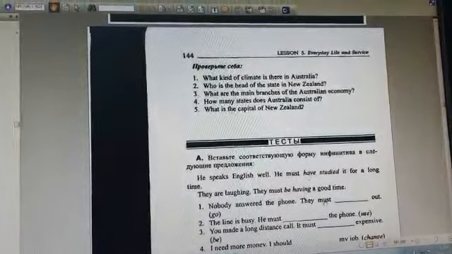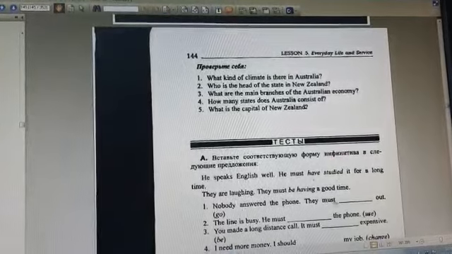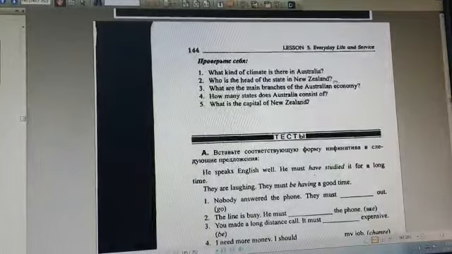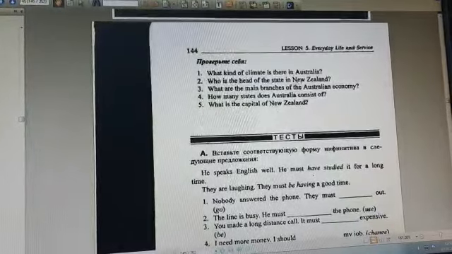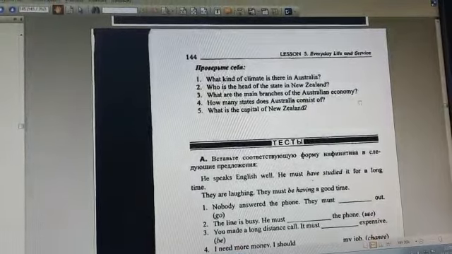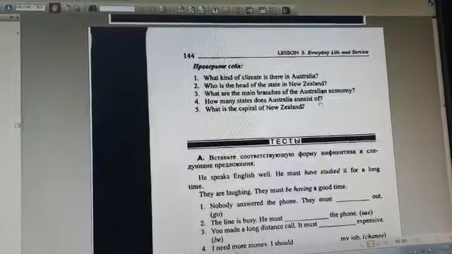What kind of climate is there in Australia? Who is the head of the state in Australia? Instead of New Zealand, you will answer the question about Australia. What are the main branches of the Australian economy? How many states does Australia consist of?